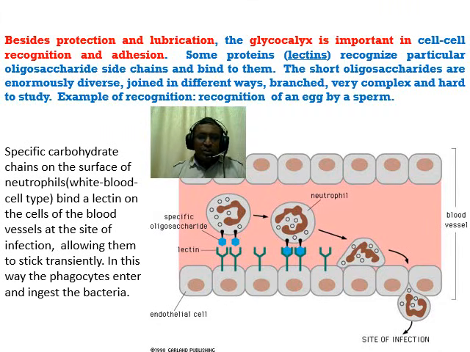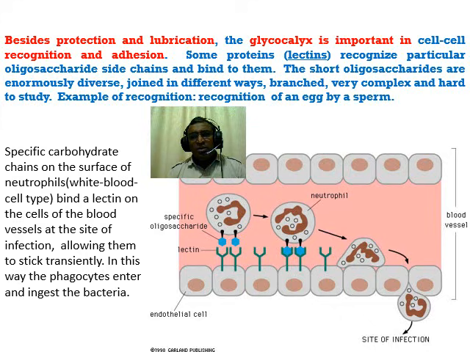If just now we talked about mechanical protection, here you have more of an immunological protection, whereby if say there is an infection at the site as shown there, suddenly the glycolipid and glycoprotein will be put like a flag to flag that area, and this will cause the white blood cell neutrophil to recognize that flagged area, and it will then diffuse into that area where there is infection, and help to remove the infection altogether.